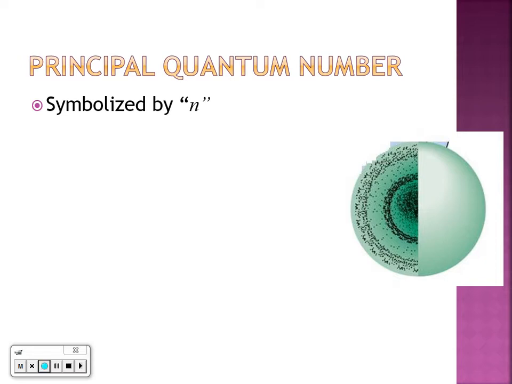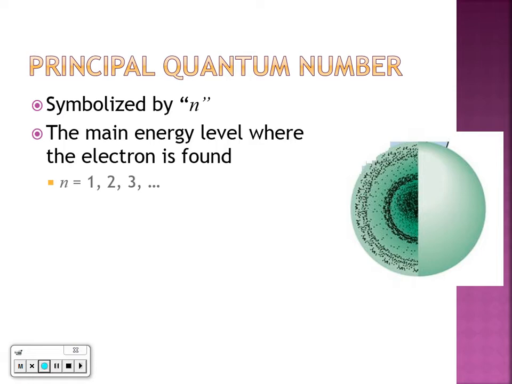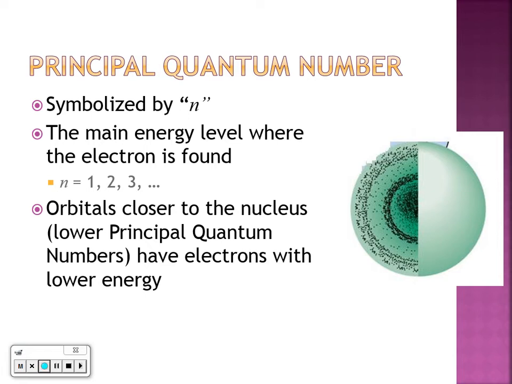Just like Maggie said, it represents, for the most part, how much energy electrons in those orbitals contain. The higher the principal quantum number, the more energy electrons have in those orbitals.